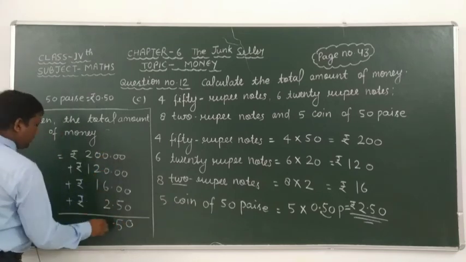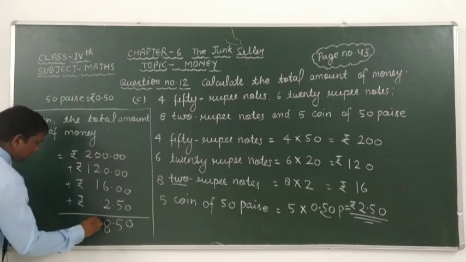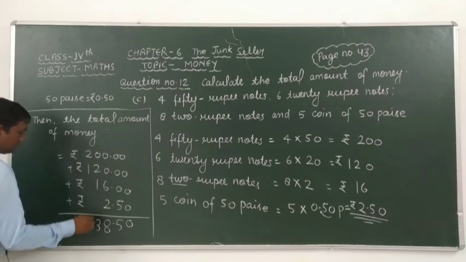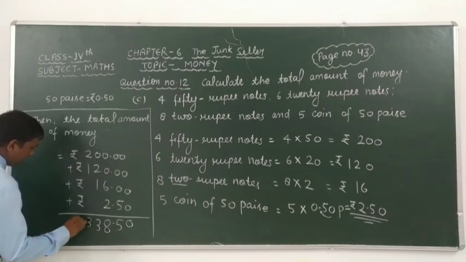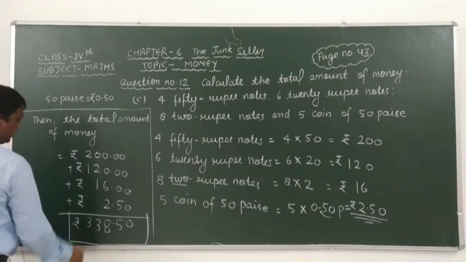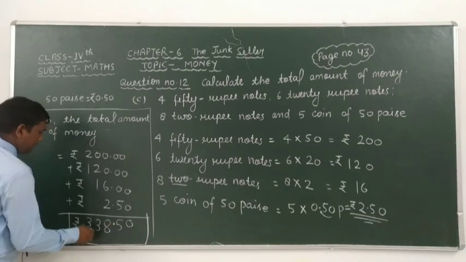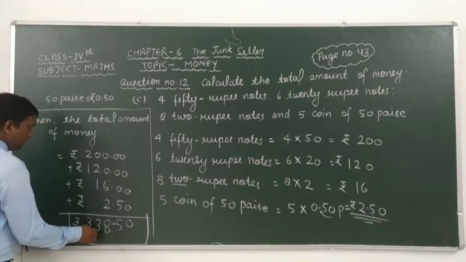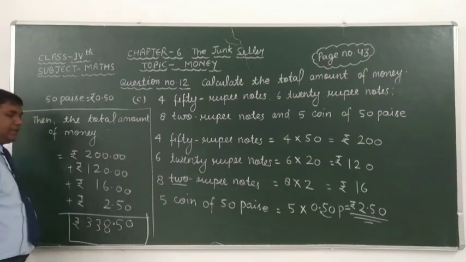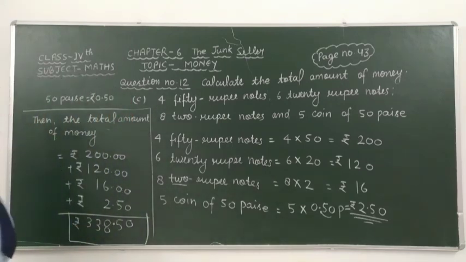Look, 6 plus 2 is 8, 2 plus 1 is 3, and 2 plus 1 is 3. It means that the total amount of money is rupees 338.50. It means that 338 rupees and 50 paise. Understand? Okay, son, this is the answer of this question.